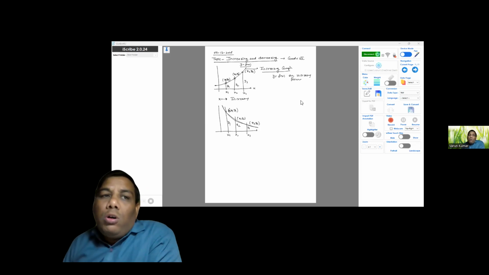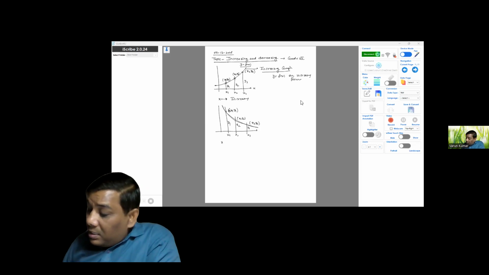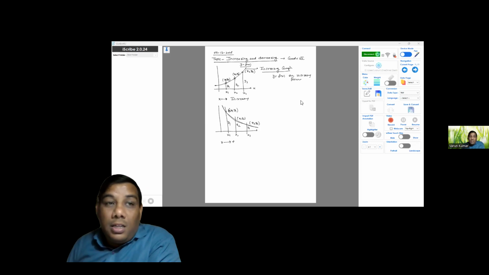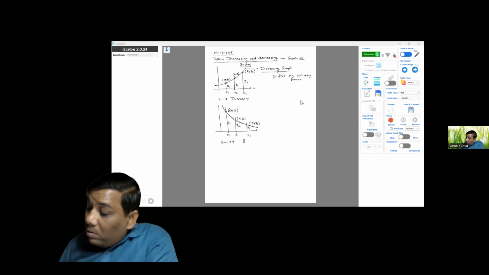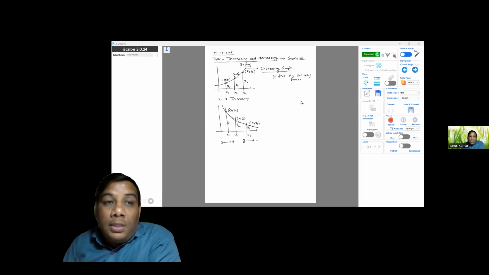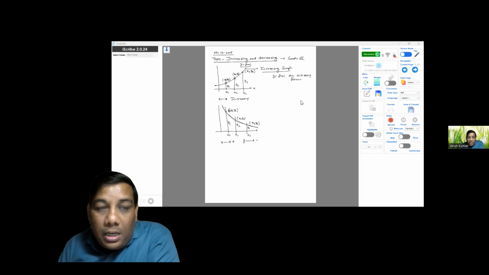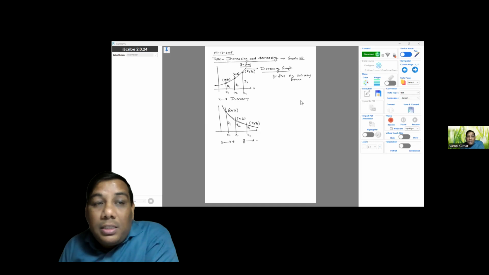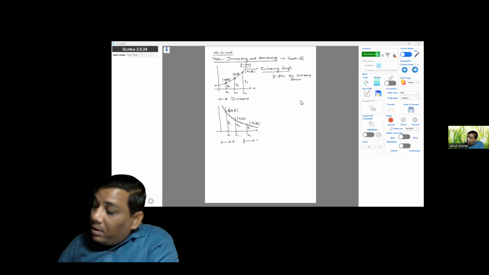Here, what are we going to observe? x is increasing, but parallel to it y is decreasing. x is increasing and y is decreasing. Then the graph of the function is known as the decreasing graph.